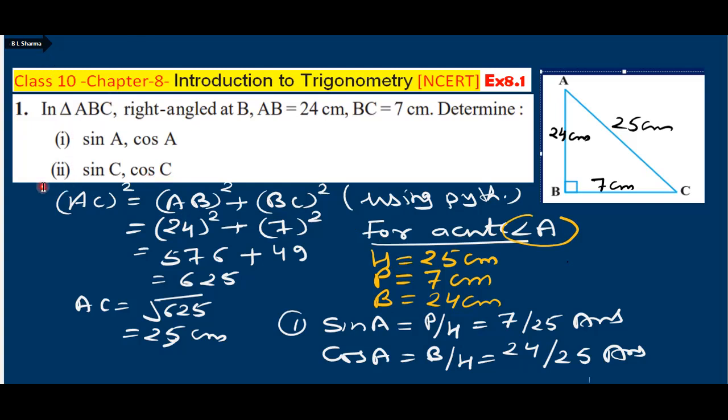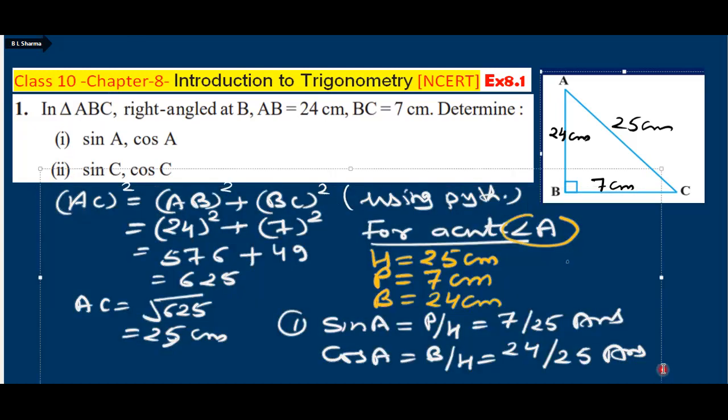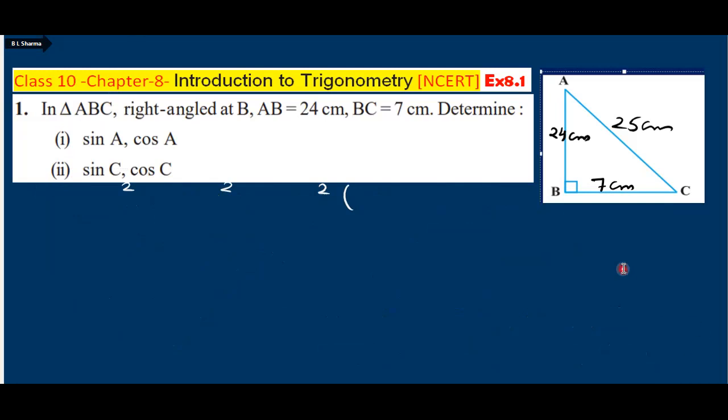And now for acute angle C, for the second part, that is sine C and cos C. For acute angle C, first we determine hypotenuse, that is the side just opposite to 90 degree.